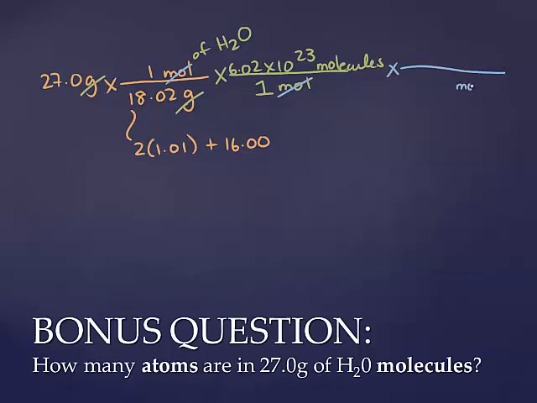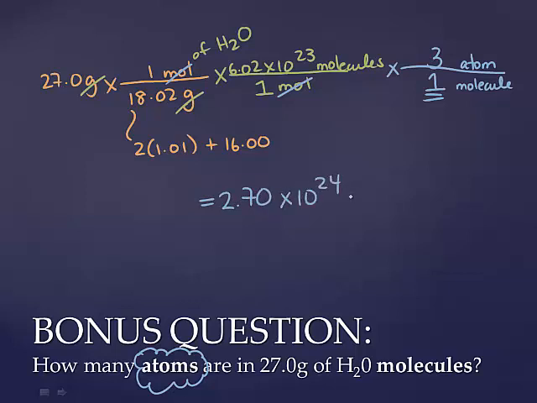The molecule is going to go on the bottom, and I know I'm asked for atoms, not of a specific type, but any kind of atom. So I'm going to place atoms on the top. How many atoms are in 1 water molecule? There's 2 hydrogens and 1 oxygen, meaning there's 3. Putting that all into my calculator, you should get 2.70 times 10 to the 24 atoms in 27 grams of water.